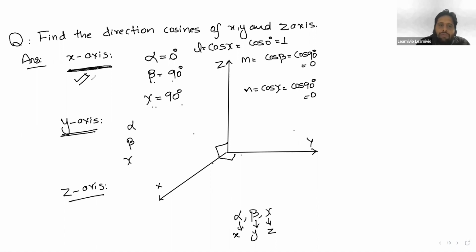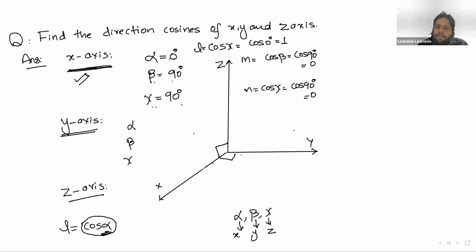Okay. Umair, what is direction cosine? What is L? Or tell me what is alpha, Umair? What is the definition of alpha? Which angle? Alpha is the angle which a line makes with the x-axis.